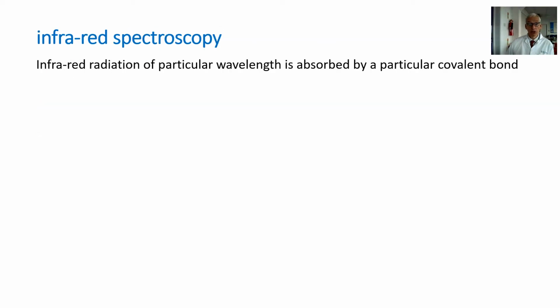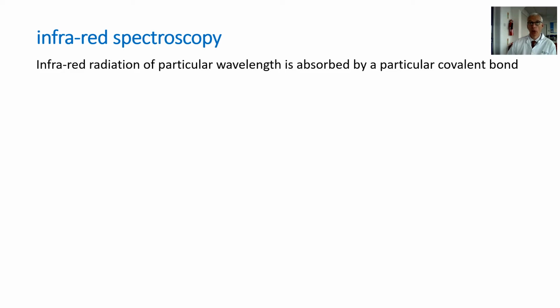Now within chemistry we use infrared absorption to produce information about the covalent bonds present within an organic molecule. So we irradiate an organic molecule and we produce what's called an absorption spectrum.